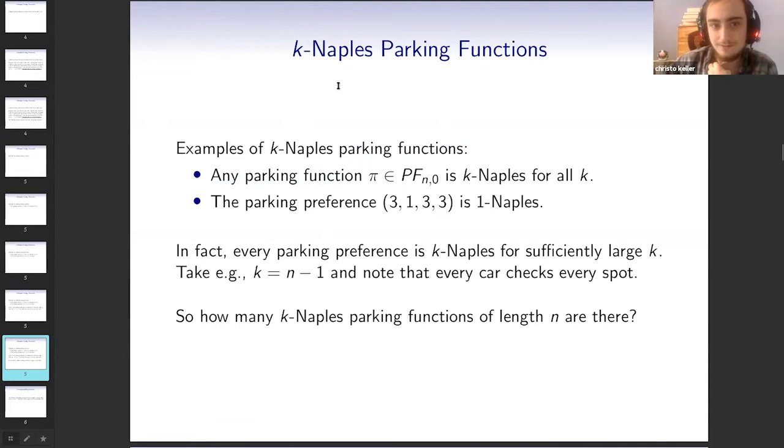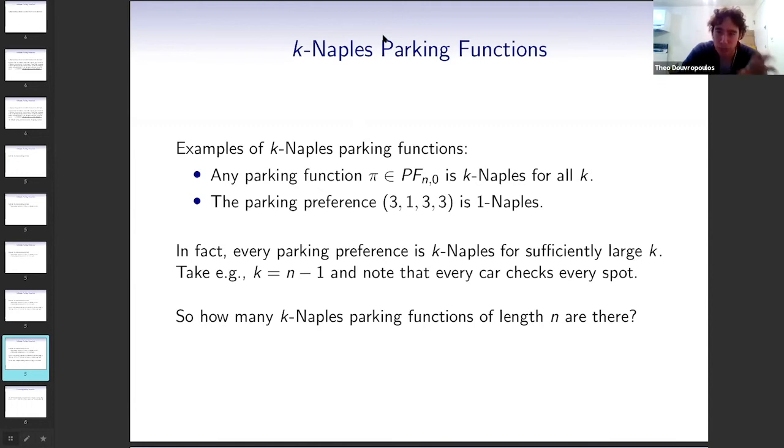Is that the only question? Let me look at it. Yes, k could be bigger, right? So that was just the same question. The point is that it wouldn't matter, right? Because if you reach the first position, then after that you're going to check all of them anyway.